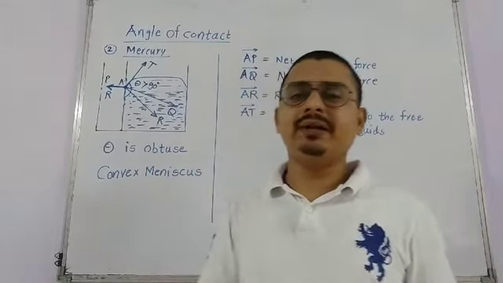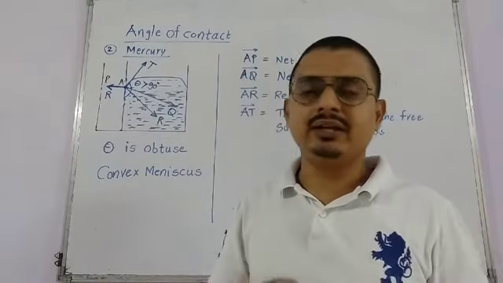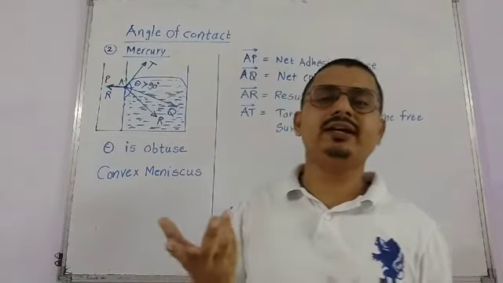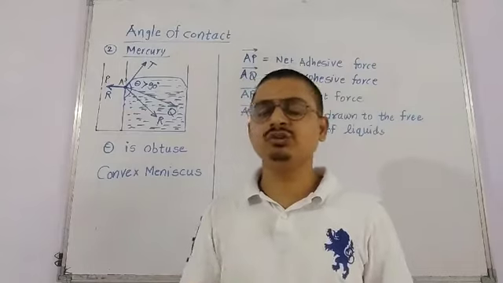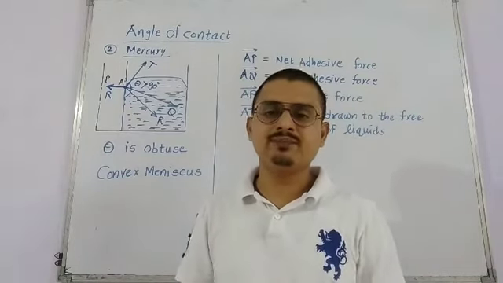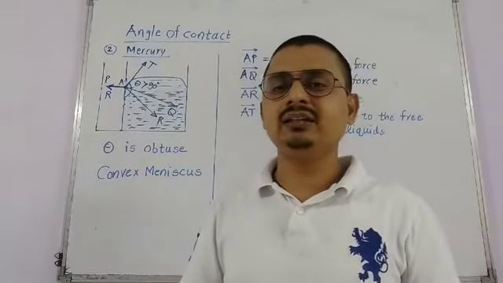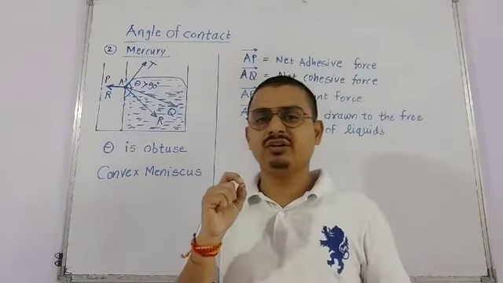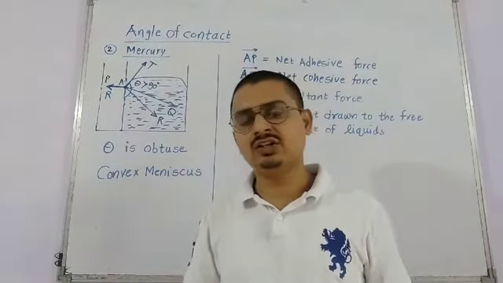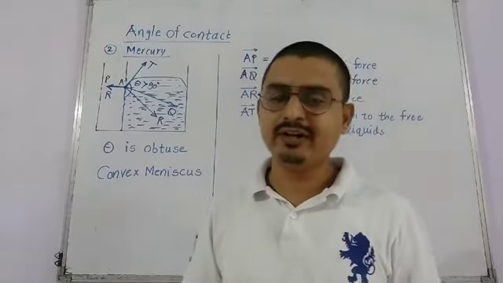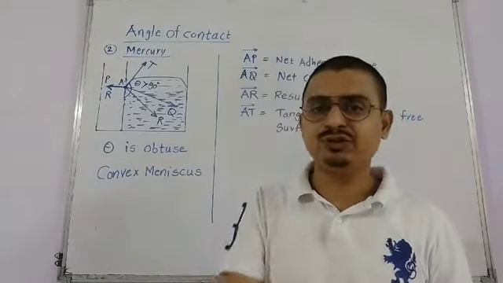So I again repeat that whenever mercury-like liquids are taken into the container of solid, they form a convex meniscus, and the angle formed between the surface of solid and the tangent drawn to the surface of liquid will be an obtuse angle.